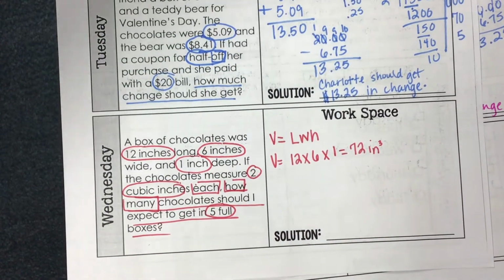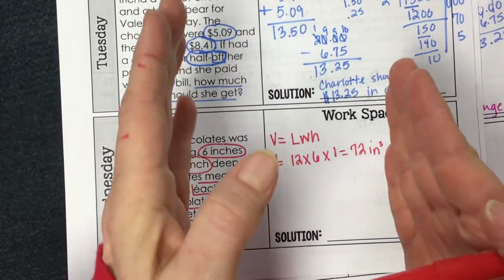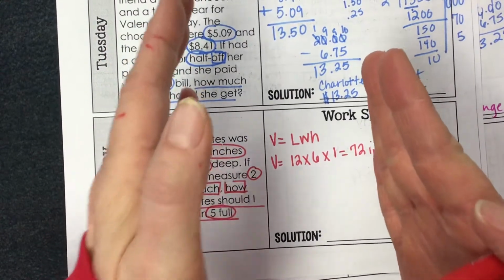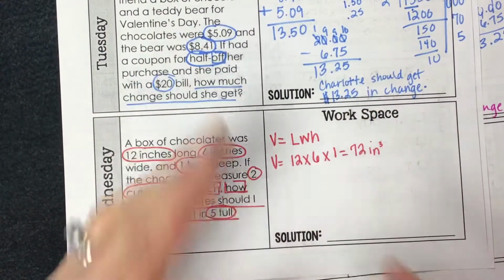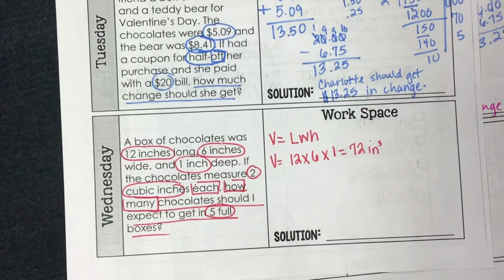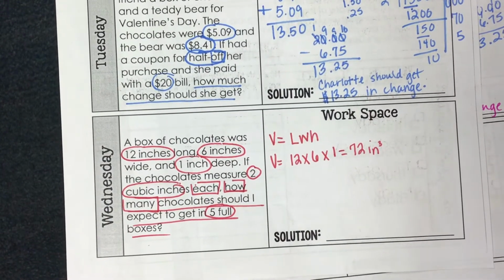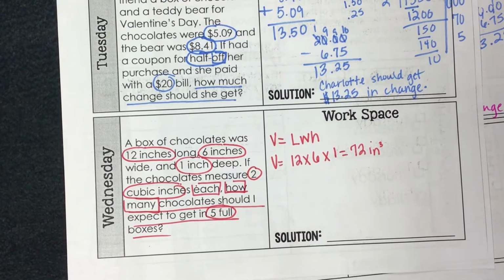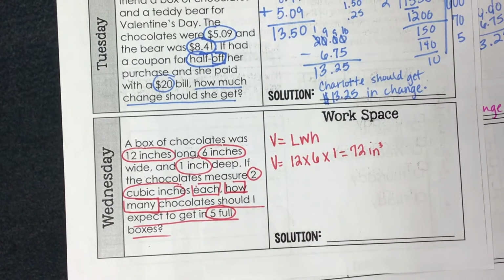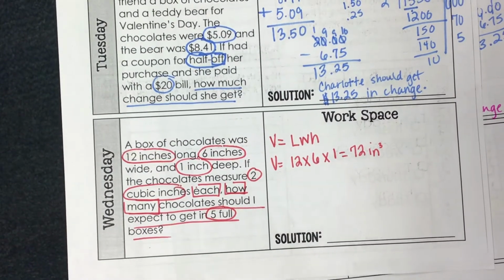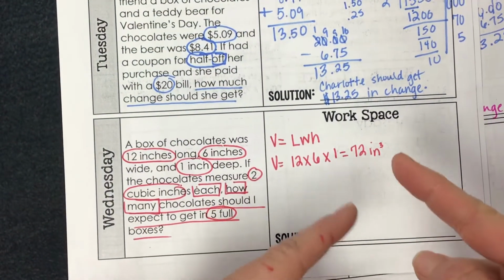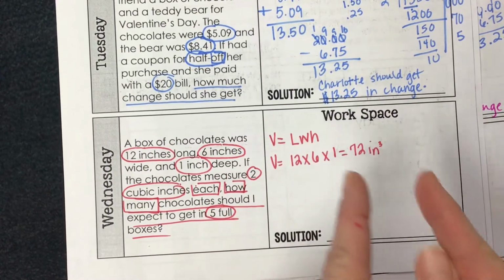Now, if there's 72 cubic inches, and each piece of candy takes up 2 cubic inches, how many pieces of candy can fit in that box? What do I need to do? Let's say there were 6 cubic inches, and each piece of candy takes up 2 cubic inches.